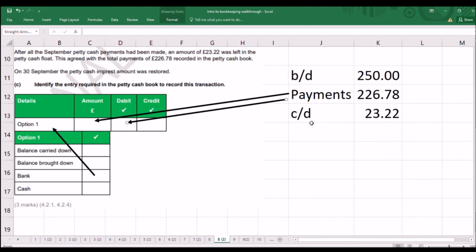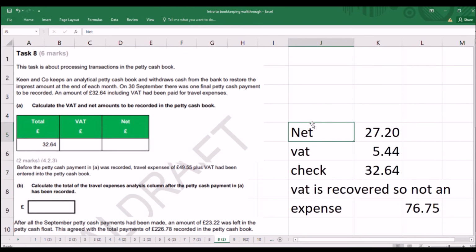So the first parts of this are a VAT question really. So we've got this payment here, £32.64, which is including VAT, that's paid for travel expenses. So we've got to divide that by 1.2 to get the net amount here, £27.20, and then the difference between the net and the gross is £5.44.